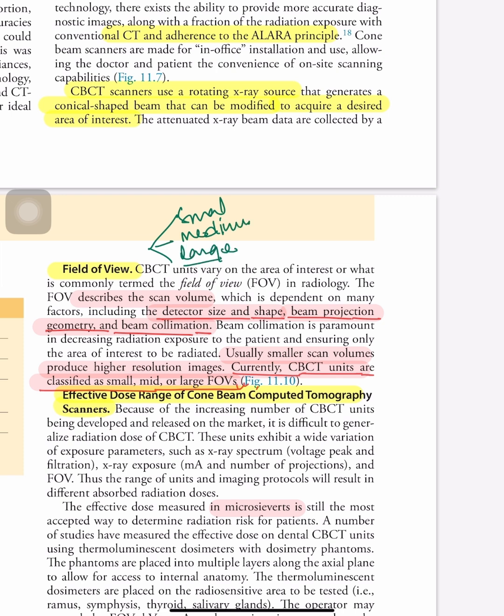Suppose you are doing an endo evaluation, in such cases the field of view would be small. But suppose you are placing a zygomatic implant, the field of view would be medium to large.